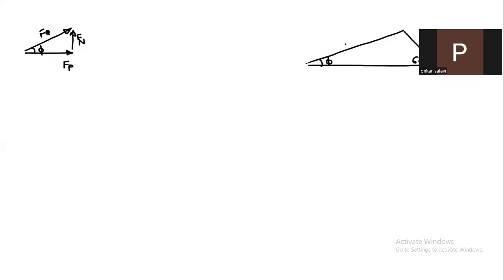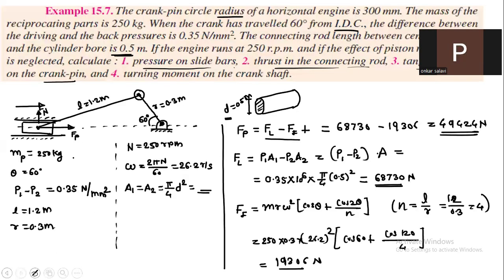The lengths are given in the problem. This is 1.2 meter and this is 0.3 meter. In geometry, there is one basic rule which is called the sine rule. By using the sine rule, we can find this phi. Just write the relation.